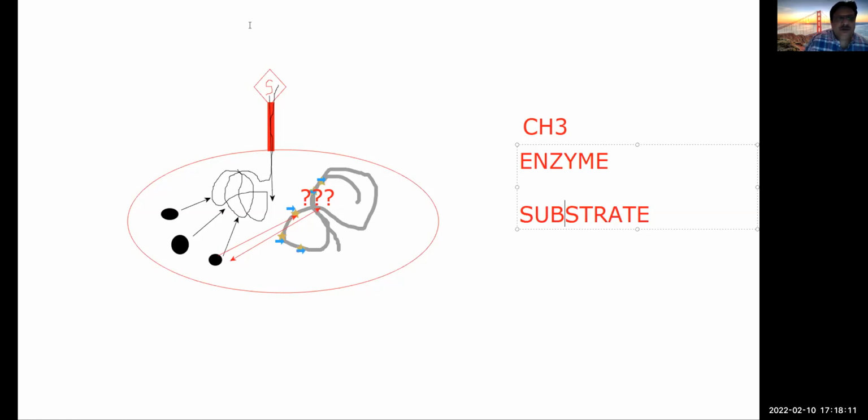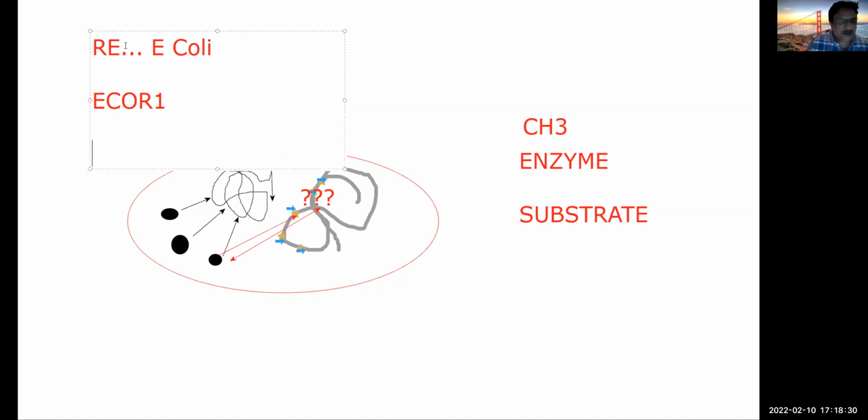So in the case of restriction enzymes, for example, let's say there's a bacterium called E. coli, and this has a restriction enzyme called EcoR1, and it acts on a very specific substrate. That substrate is this sequence.